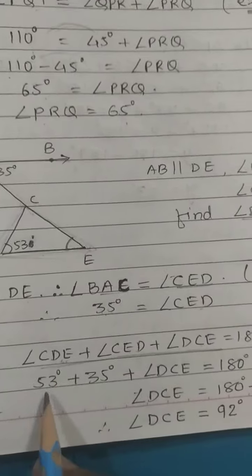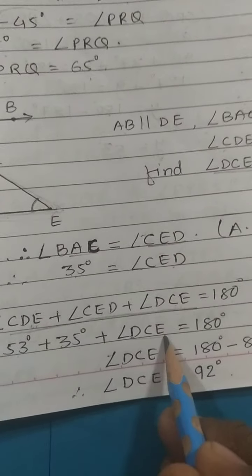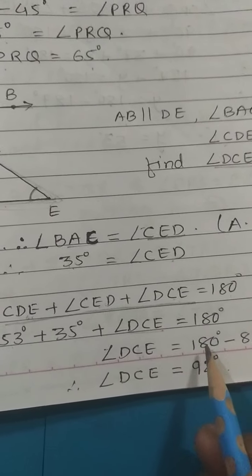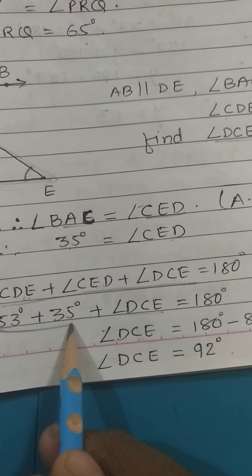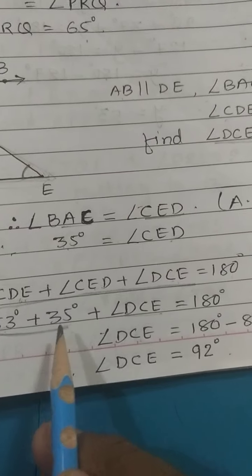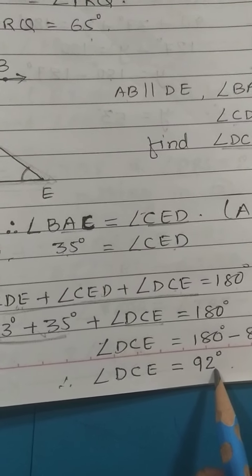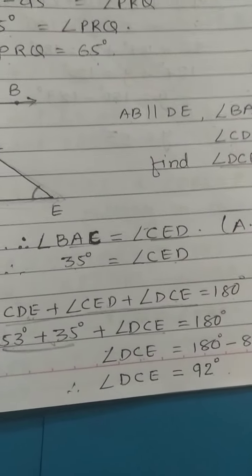Put the values: 53 plus 35 plus angle DCE, which we have to find out here, is 180. So DCE is equal to 180 minus 88. That is this one. The sum of this is 88. Send this 88 to this side. So the value of angle DCE is 92 degrees. Right? Okay.